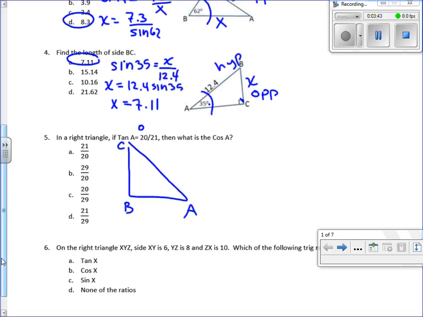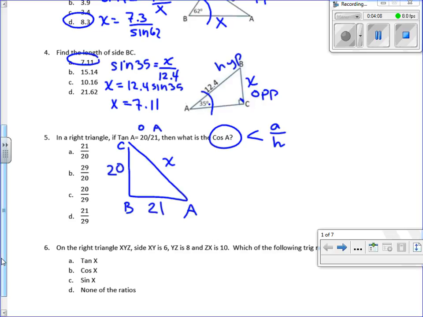So 20 represents the opposite, 21 represents the adjacent. The issue here is I need to know the length of the hypotenuse, because I can't find the cosine of an angle without it, since cosine equals the length of the adjacent side over the length of the hypotenuse.